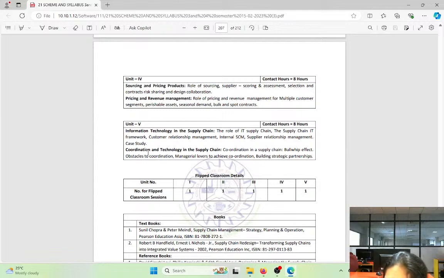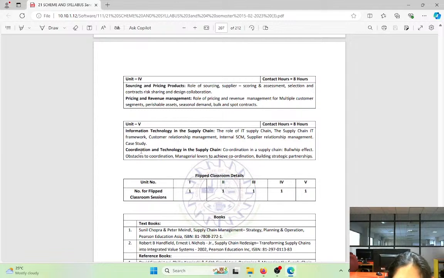But actually it will not go in that flow. In order to reduce that, we frame the network in such a way that it reduces the bandwidth of that. So the concepts of customer relationship management, internal supplier management, etc., all these along with the case study of the IT sector role we study in the fifth unit, first part.